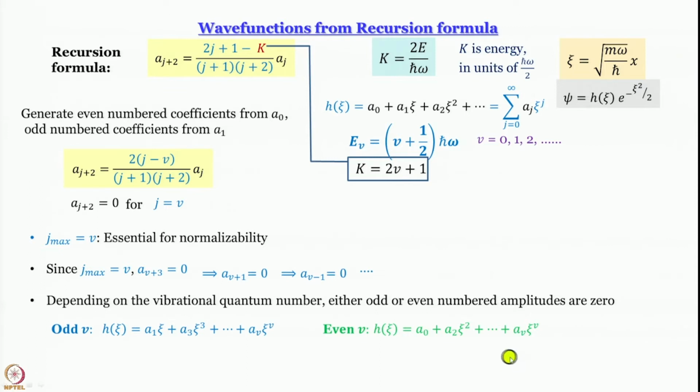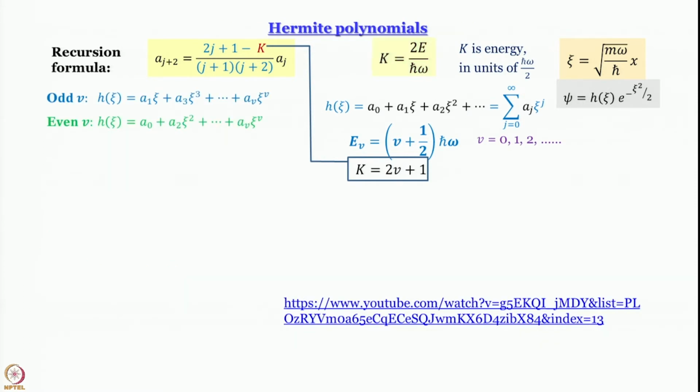The last term once again is av multiplied by xi to the power v. So we have two kinds of functions, one for odd, one for even.